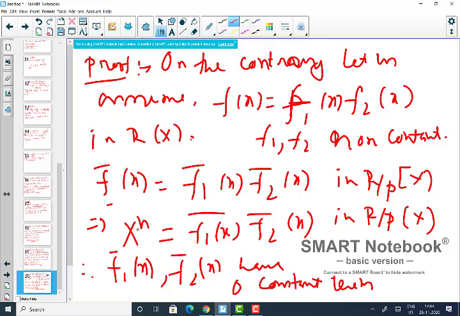there would be a constant term on this side. So this is an integral domain, and the constant term is 0.